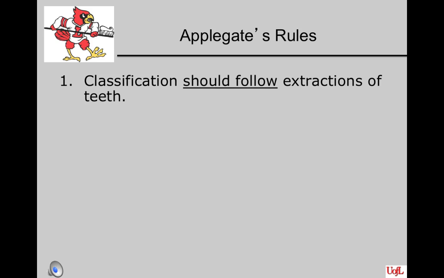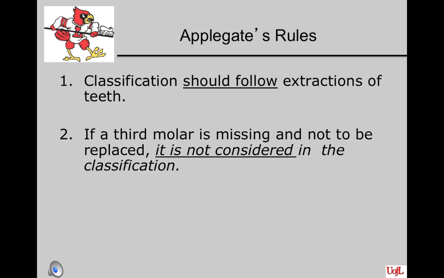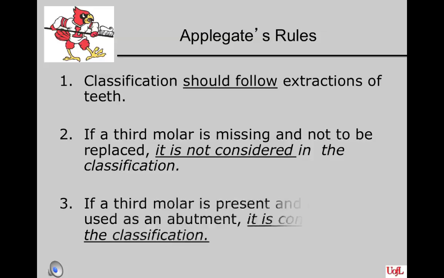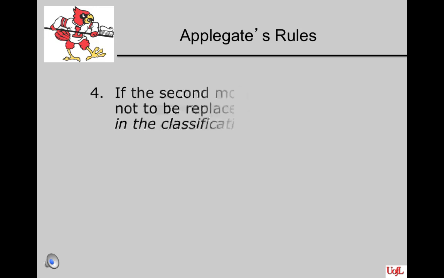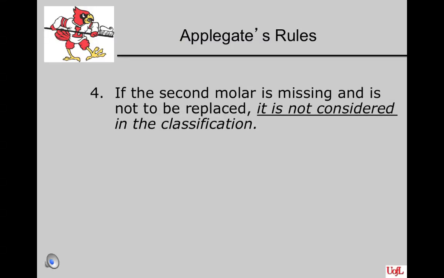That makes sense. If a third molar is missing and is not to be replaced, it's not considered in the classification. If a third molar is present and is to be used as an abutment, it is considered in the classification. Try to picture these as I say them. If a second molar is missing and is not to be replaced, it is not considered in the classification. This is to me the most important rule.